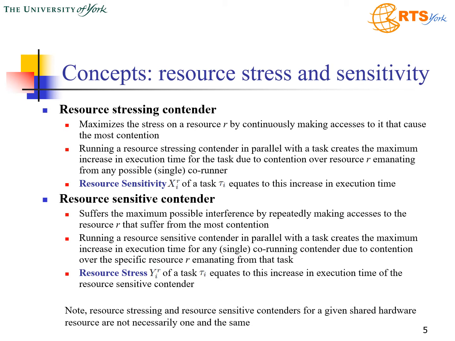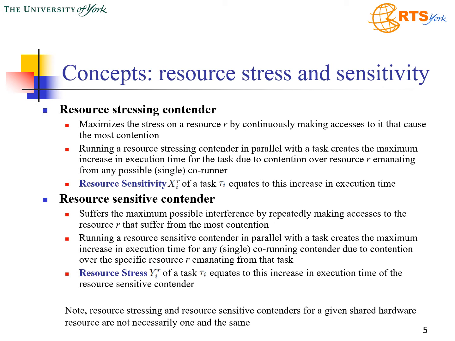So if we run a resource stressing contender in parallel with a task, this creates the maximum increase in execution time for the task due to contention over that resource, emanating from any possible single co-runner. And this allows us to define what we refer to as the resource sensitivity of a task, which equates to this increase in execution time when it is run in parallel with a resource stressing contender.